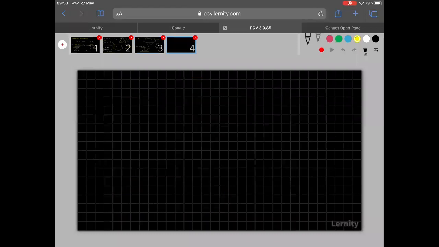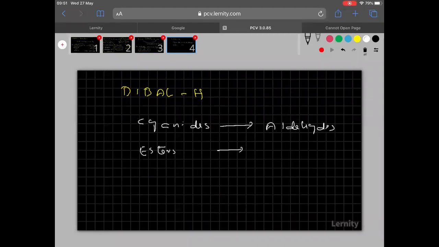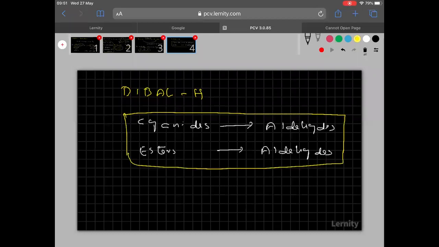Then what is the use of this DIBAL-H? Remember everyone, we will take some examples also here. DIBAL-H is used to convert cyanides into aldehydes.